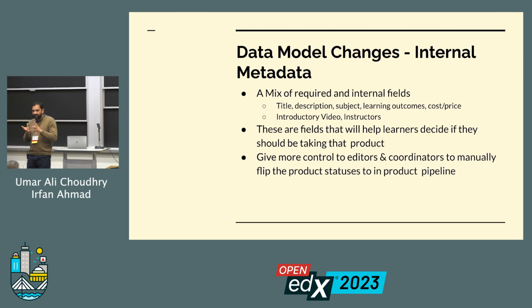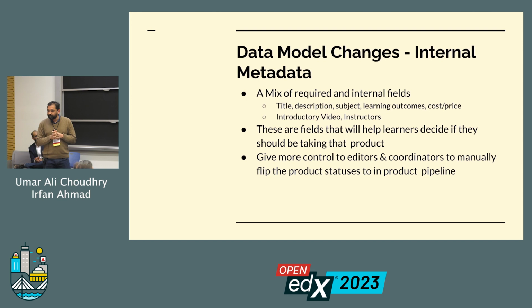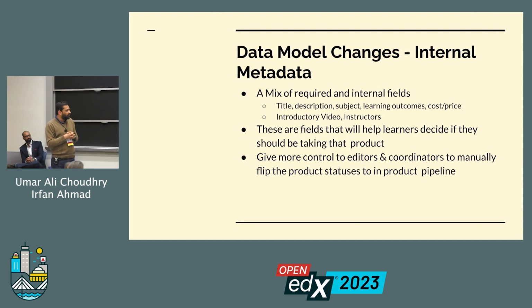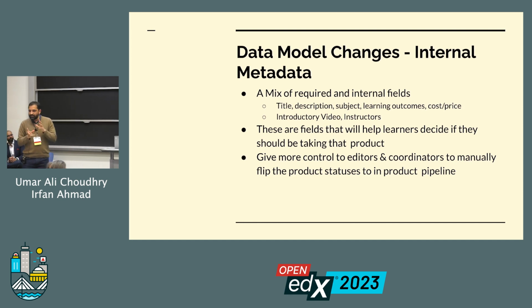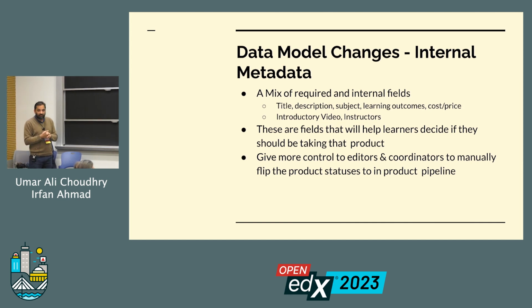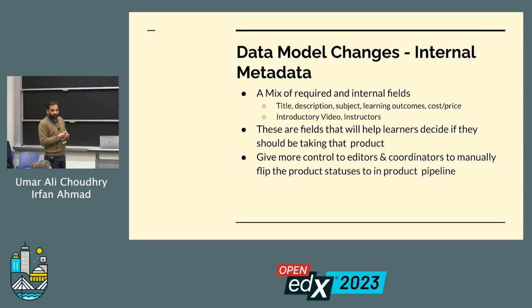Some of those statuses are based on dates. So automatically, those dates can change the status of a product. And sometimes coordinators, due to mistakes, and people not realizing what those dates would trigger, we can end up with courses being closed too soon or offered too soon, and so on.